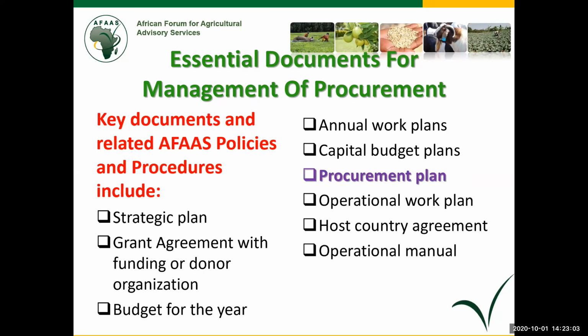Okay. The other aspect that needs to be taken care of, especially by the staff, is that the essential documents for management of procurement as listed in our manual are the following: the strategic plan, from which information trickles. So in a way, the items that are in the procurement plan will be linked to the strategic plan.